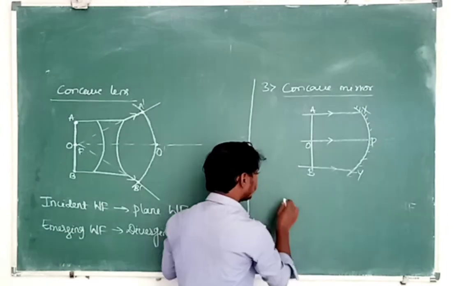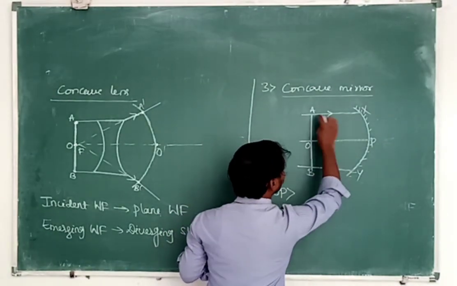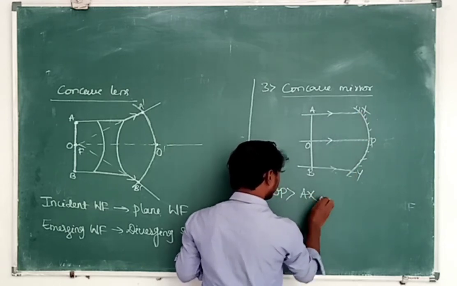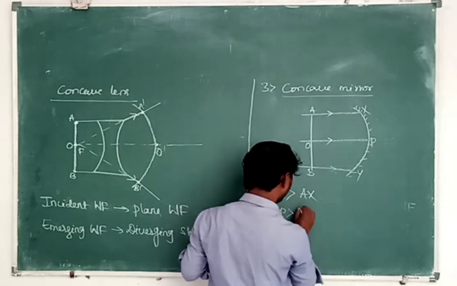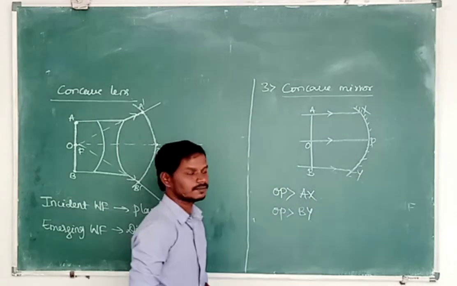See here, OP is greater than AX, and OP is also greater than BY. But AX and BY are equal.